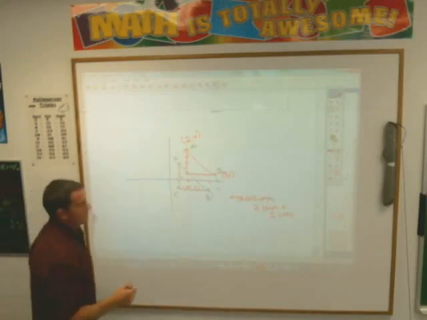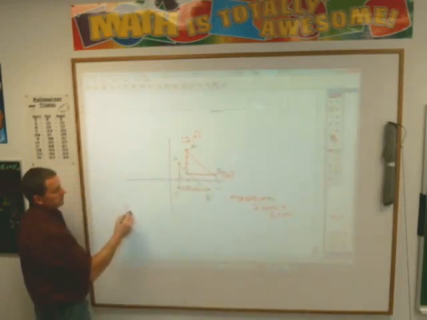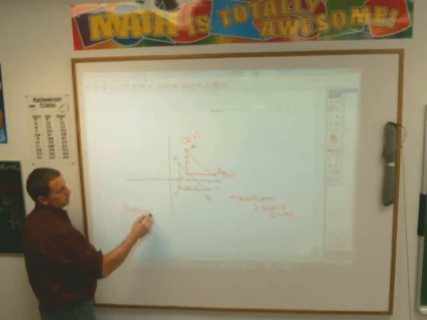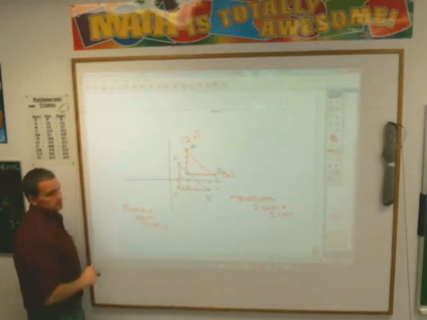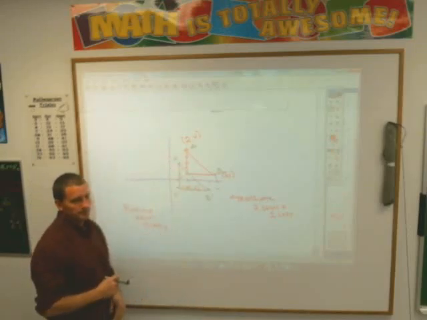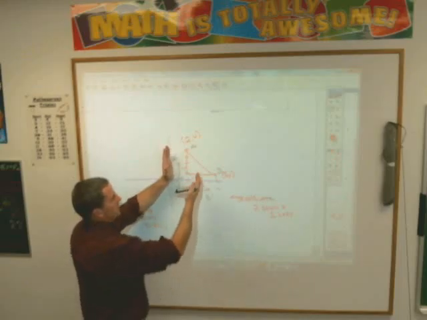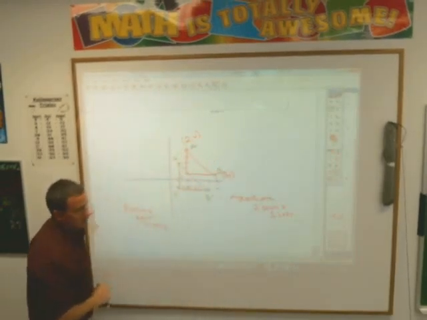What if they ask you to reflect? This one's a fun one. What if you were supposed to reflect the shape around the y-axis? What if I were supposed to reflect it over this y-axis? Any idea how I would do that? Again, you'd have to think about this being a piece of paper and you're folding it and making the shape over here.